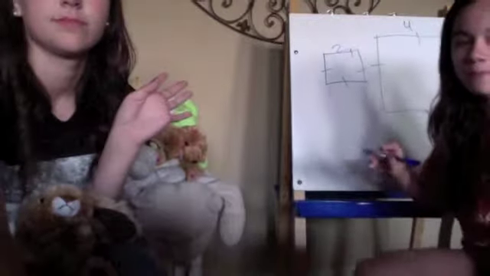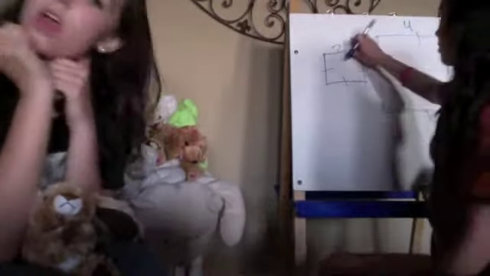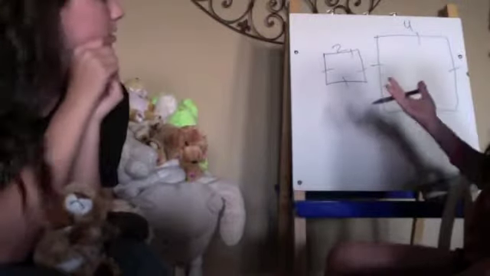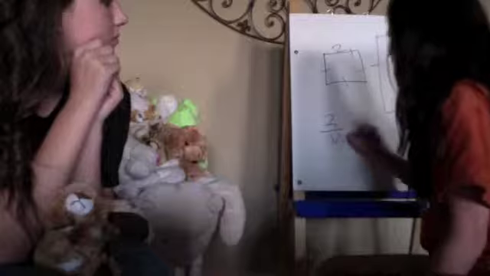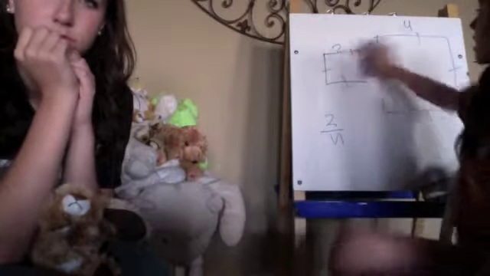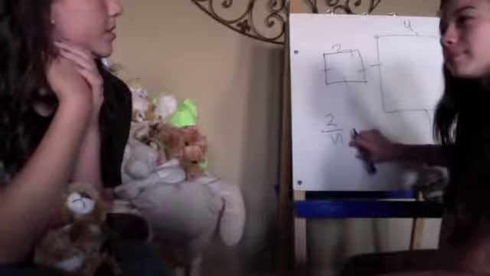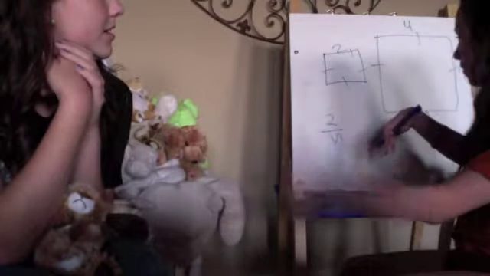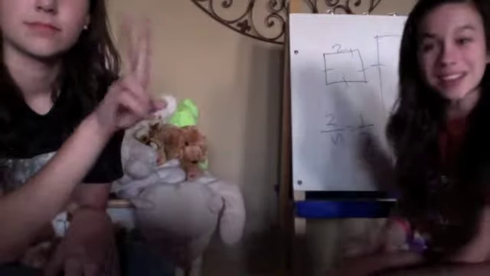So, if we have a 2 to 4 ratio for the side lengths, we can simplify this scale factor to 1/2. So the side length is 1 to 2. And you can do the same thing with the perimeter.